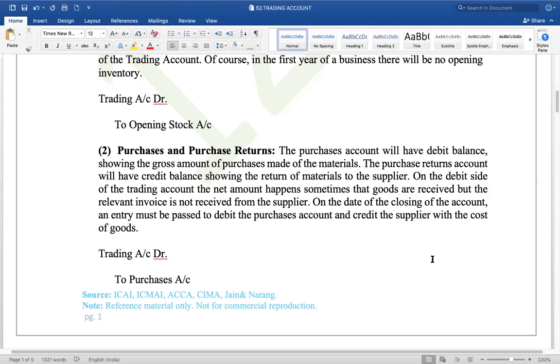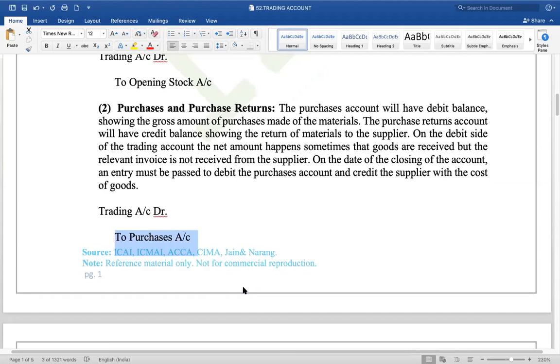Now, if there are purchase returns, you can deduct these purchase returns from the purchases, then you will get net purchases. What's the entry? Trading account debit to purchases account. This is the entry for purchases.